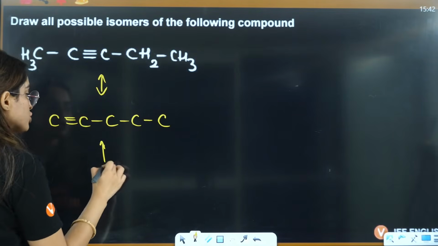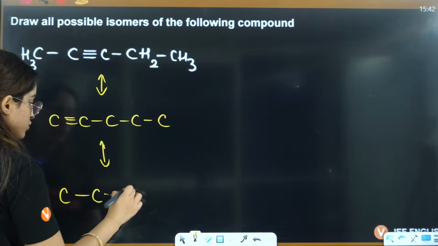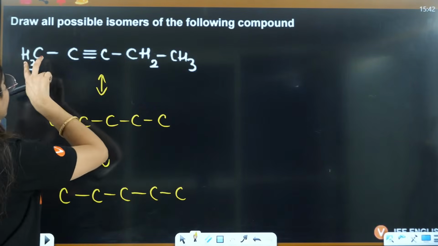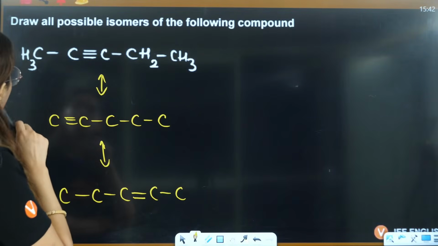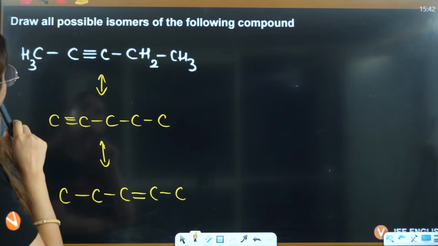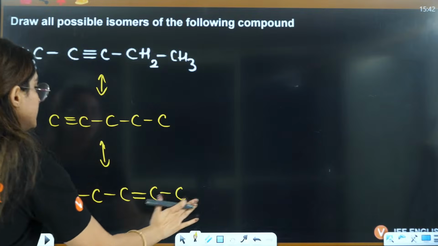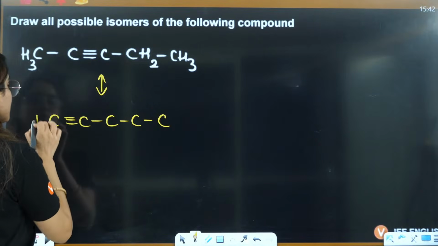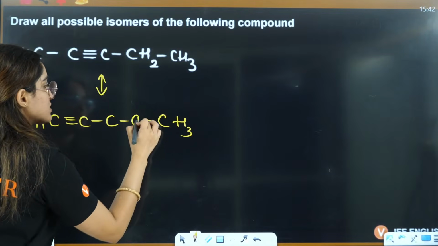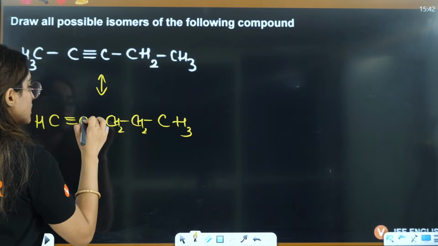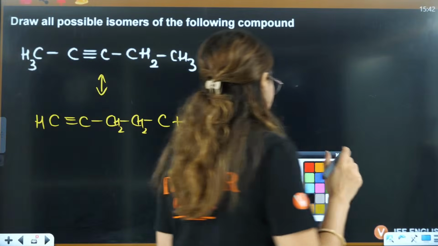It can also show the triple bond on the second position. The other one will be the same only. So 2 position isomers it can show you, right? So position isomerism it is definitely showing.